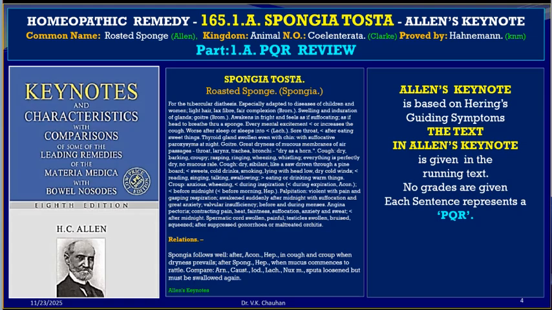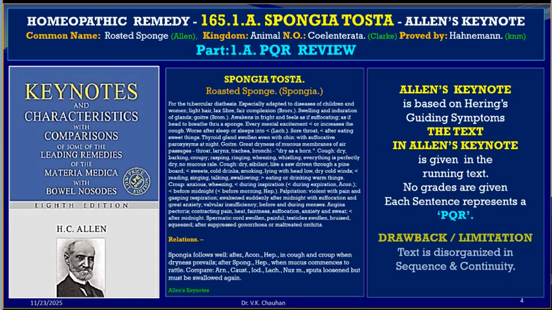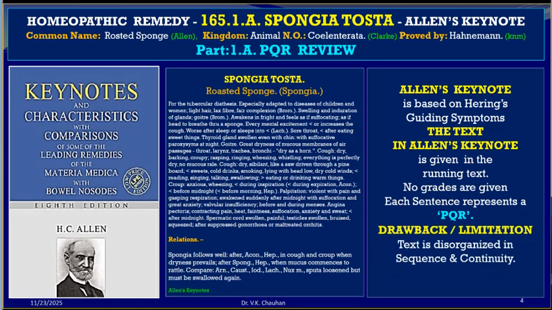We are studying Hering's guiding symptoms indirectly in a concentrated format through the eyes of Dr. H.C. Allen. The drawback and limitation of this work, what I find, is that the text is disorganized in sequence and continuity, which makes it very difficult to remember. If you go through the text repeatedly, even then you will never be able to recall the symptoms when you need it most.